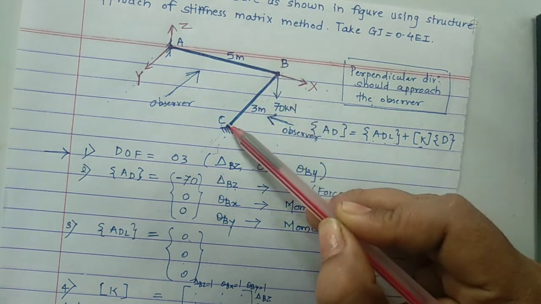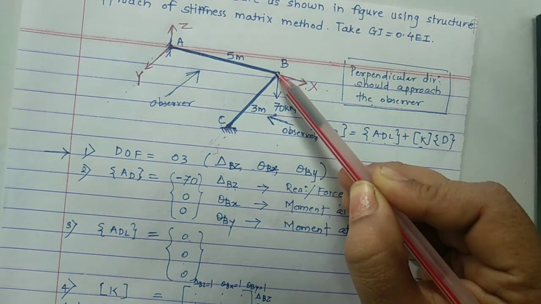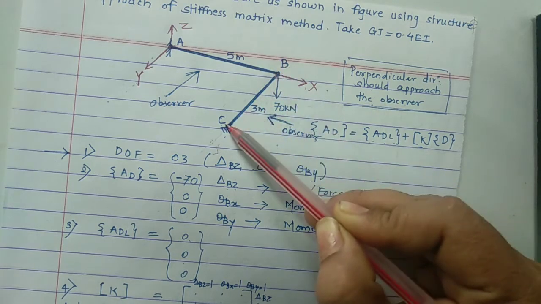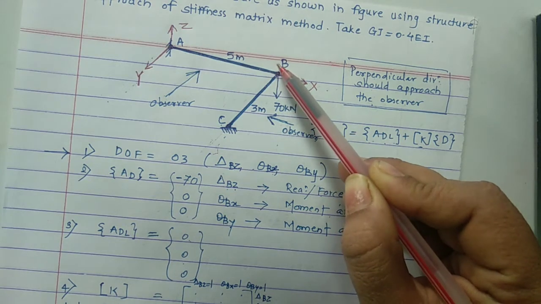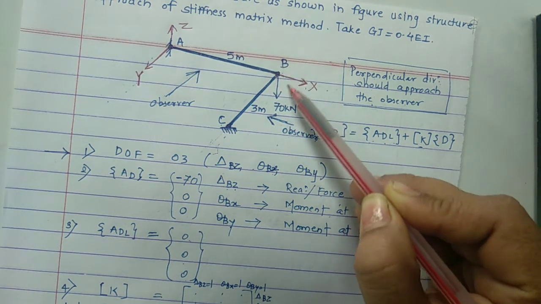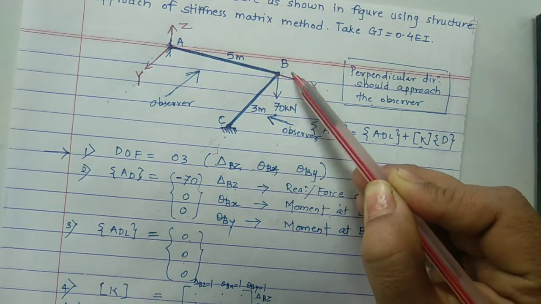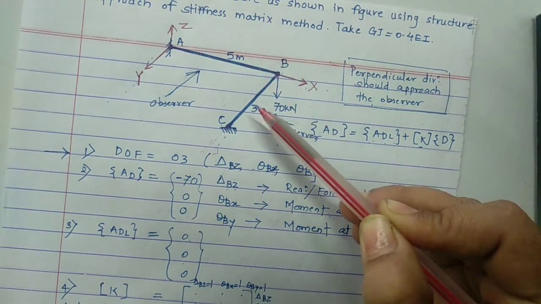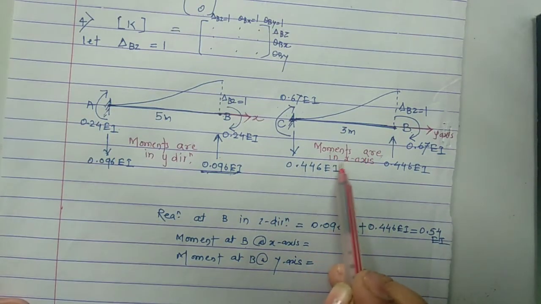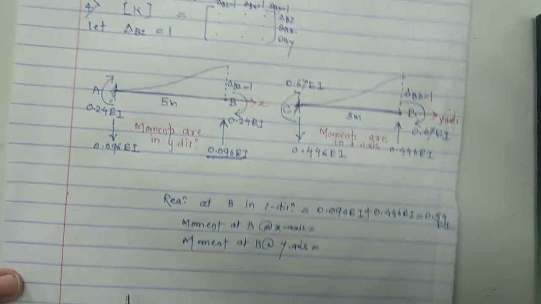You just imagine here it is deflected. Just pick this point in upward direction. So that member gets deflected in this direction, and the moments that are caused here are rotating about this x-axis. Okay, about x-axis. So right here, moments are about x-axis.